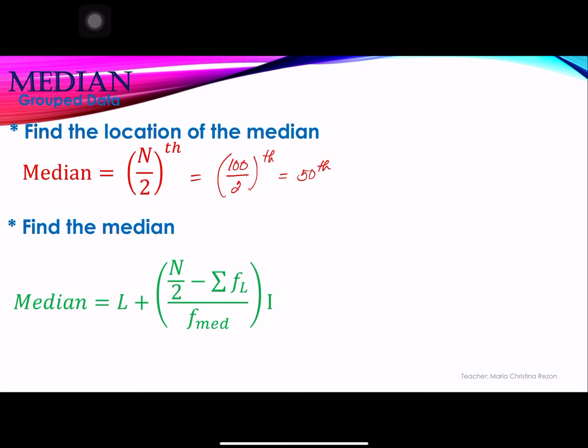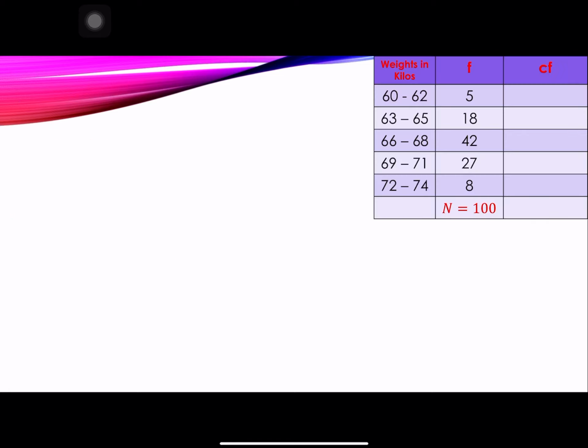So let's continue. I have here the table again so that I can show you where the median class is and the other symbols that we use. So you have 5, you have 23, and then 65, 92, and 100.